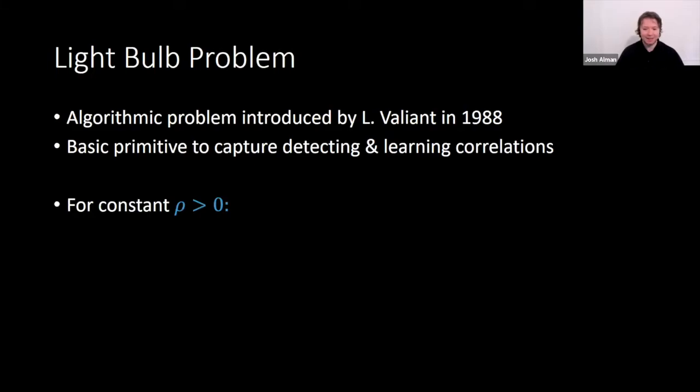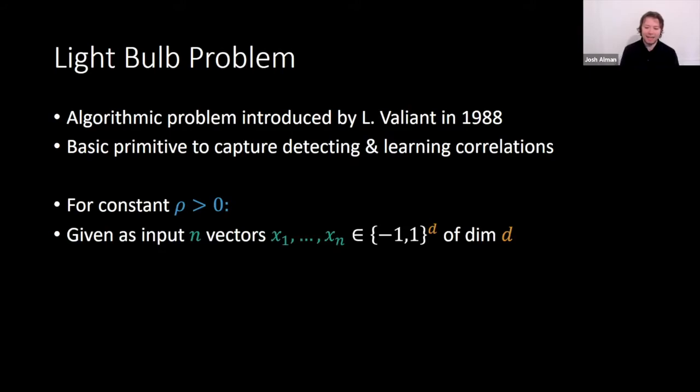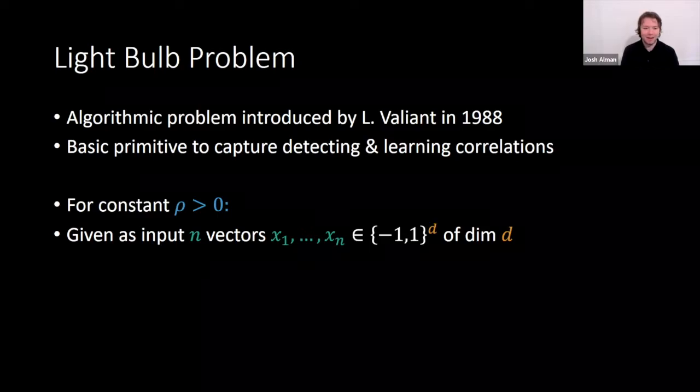So here's the problem. There's a parameter, some constant rho, a positive constant like 0.1 or 0.01. You're given as input n vectors, which are -1, 1 vectors of dimension d. Unlike in many algorithmic problems where you assume a worst-case input, here the input is random.